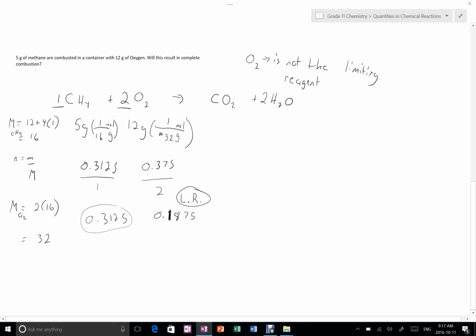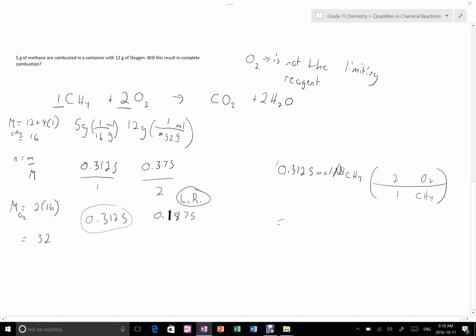If I wanted to do it the other way around, if I suspected, let's just say I suspected wrong, my methane was my limiting reactant. I start with 0.3125 moles of methane, and I want to convert from methane to oxygen to figure out how many moles of oxygen that's going to react with.